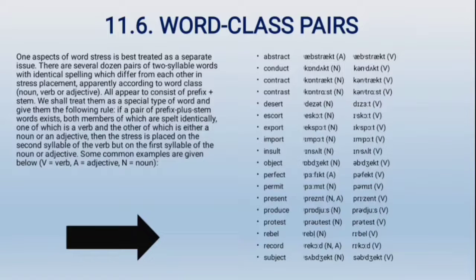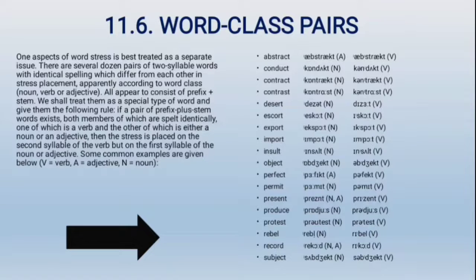11.6 Word class pairs. One aspect of word studies is best treated as a separate issue. There are several dozen pairs of two-syllable words with identical spelling which differ from each other in stress placement, apparently according to word class: noun, verb, or adjective. All appear to consist of prefix plus stem. We shall treat them as a special type of word and give them the following rule.